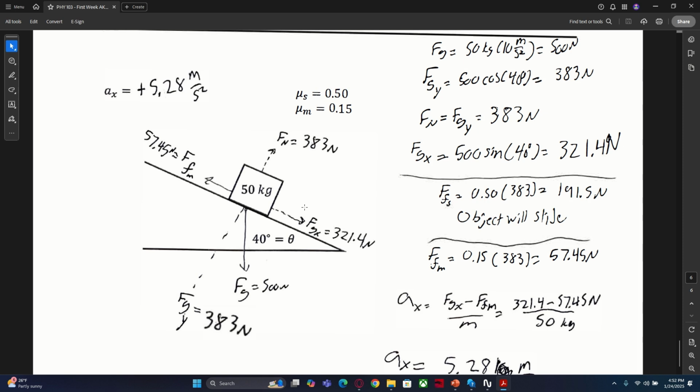For force of static friction, if we use our coefficient of static friction, 0.5, times the normal force, 383 newtons, that comes to 191.5 newtons. Well, there's 321 newtons of force pulling the object down the slope. Friction can only keep something still if it's only up to 191.5 newtons.